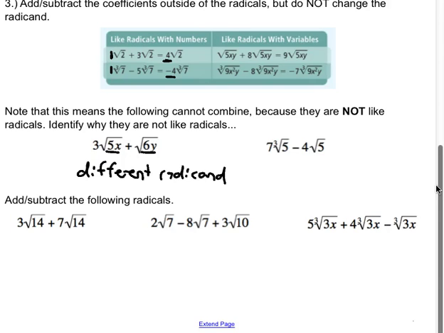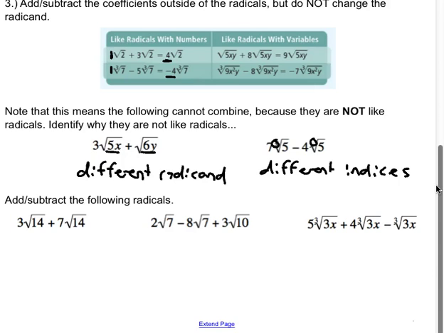For this one, the radical itself is different. If you have different indices, they're not going to work either. You're not going to be able to put them together. So just keep in mind the rules of when I can combine them, because those are two instances where it would not work.